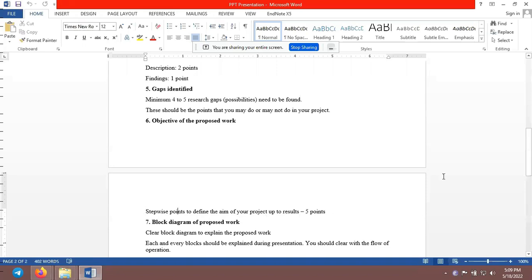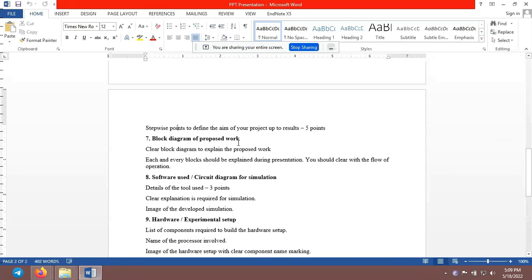And block diagram of the proposed work. In this area, you should give a clear block diagram to explain the proposed work. It may be a block diagram or circuit diagram. You should explain each and every block in that block diagram, and you should explain the flow of the work, from where you start to what the conclusion point will be.